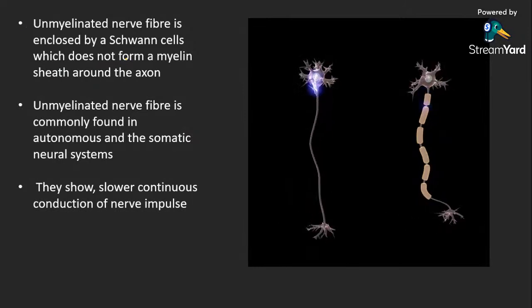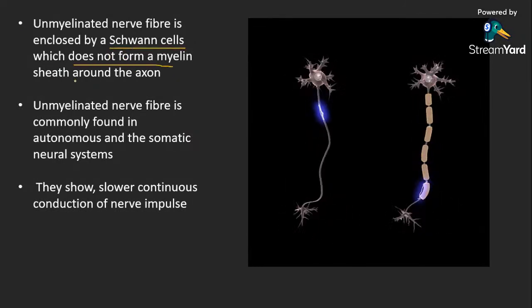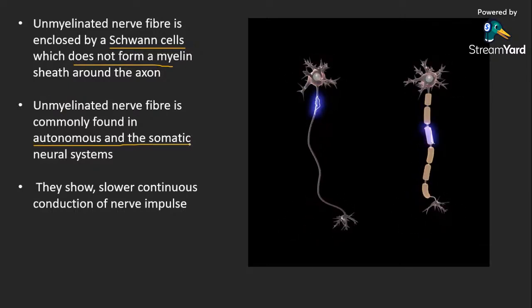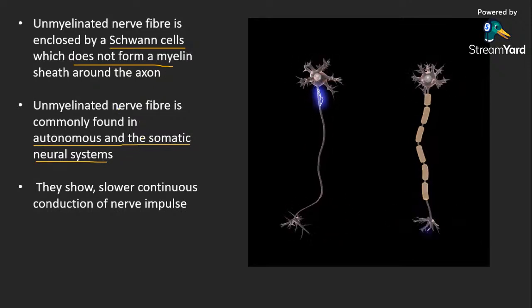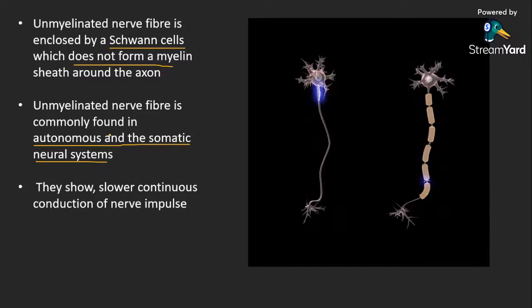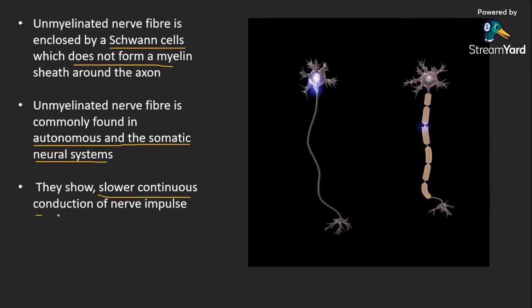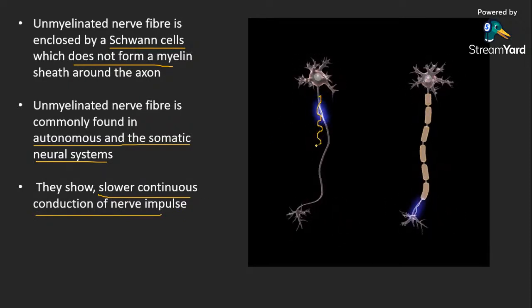Whereas unmyelinated nerve fiber is enclosed by Schwann cell which does not form myelin sheath. They are most commonly found in the autonomic and somatic nervous system. Those who have watched our lecture number 1 will know what is the autonomic and somatic nervous system. They show slower continuous conduction.